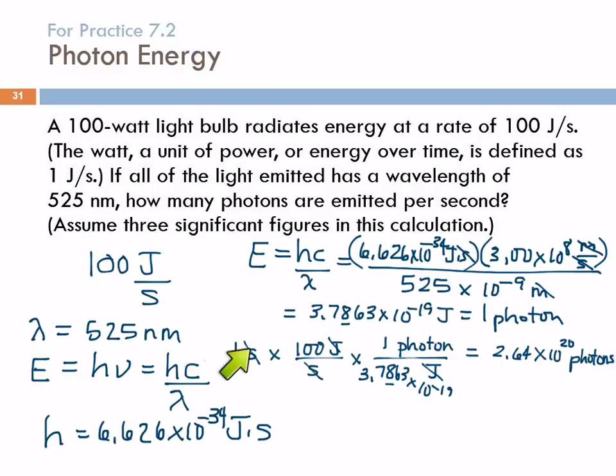That's why I started here with 1 second. And then I found the number of photons that would be emitted in 1 second. So that would be that many photons per second. Problems like these, you really have to be able to look at the units, and the units are going to help you figure out what to do.